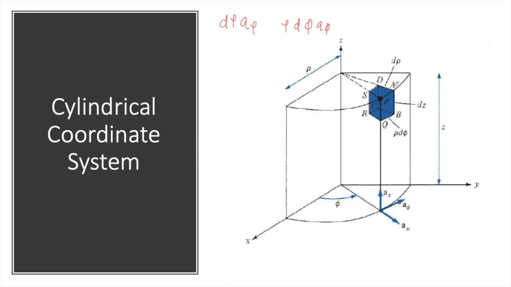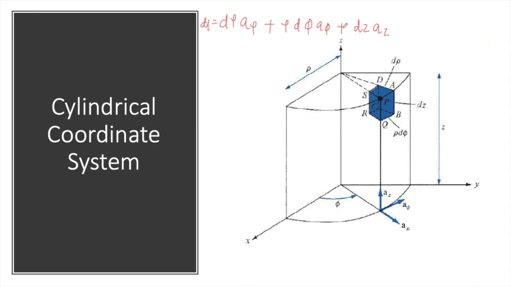Similarly, if we are moving from A to B or B to A, the distance that we are covering here is dz along az. So the total displacement dl in the cylindrical coordinate system can be written as d rho a rho plus rho d phi a phi plus dz az.